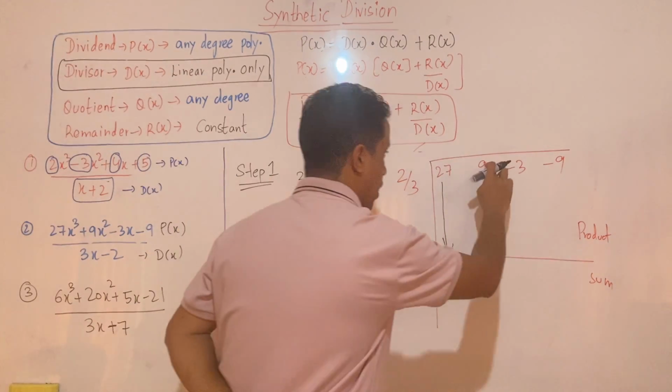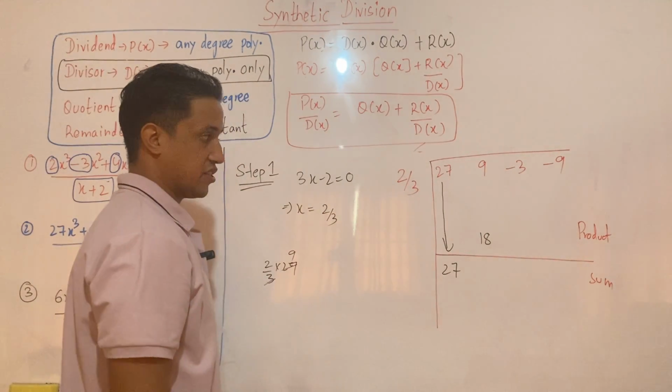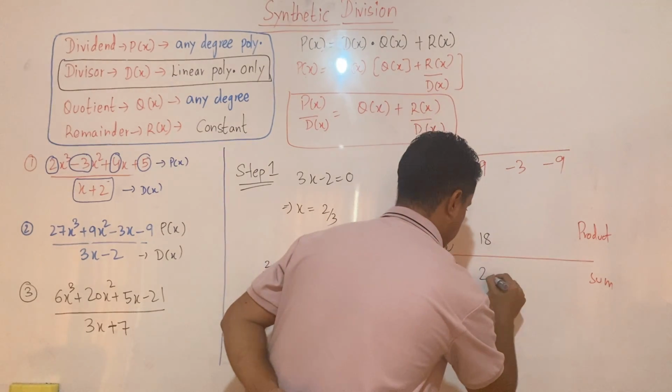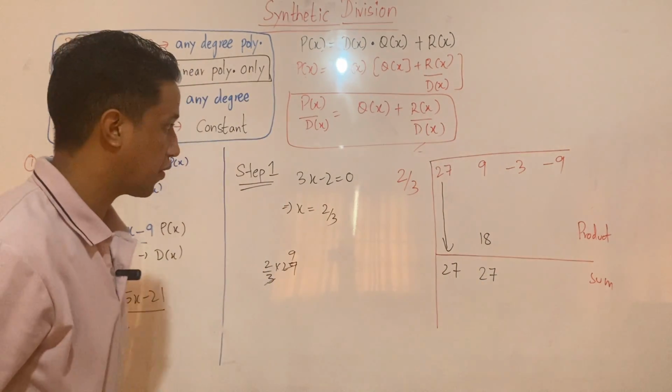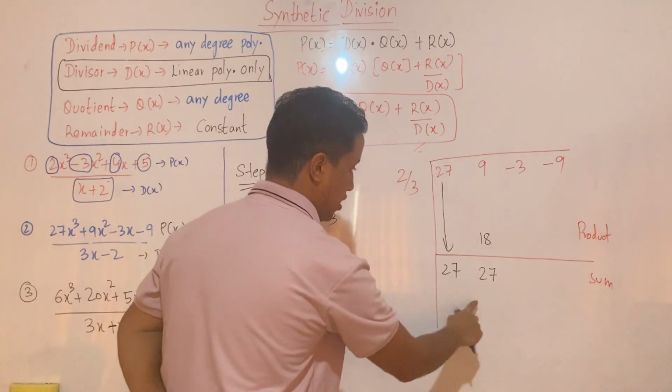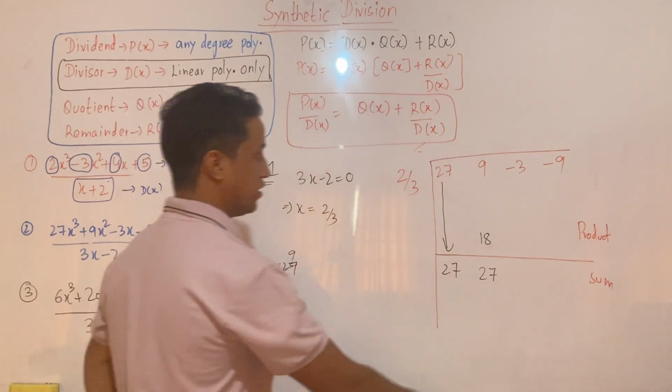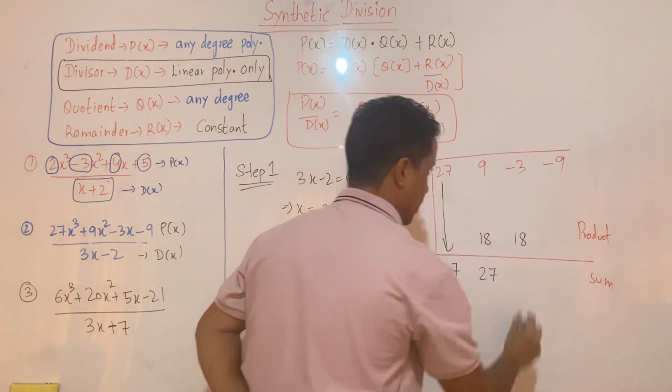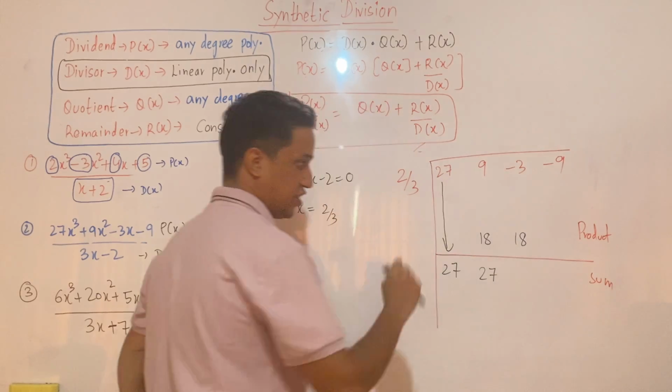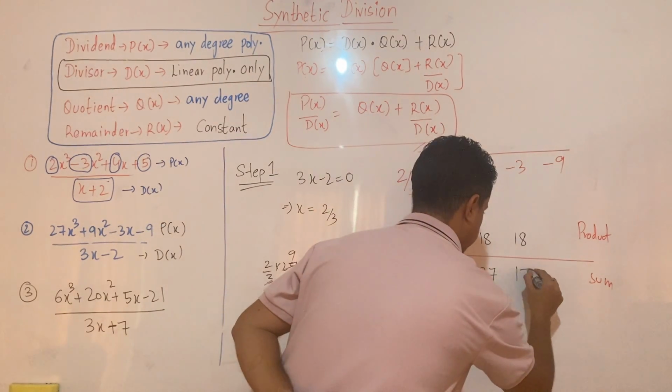Okay, now 9 plus 18 is 27. Now 2 by 3 multiplied by 27, again 18. Negative 3 plus 18, 15.